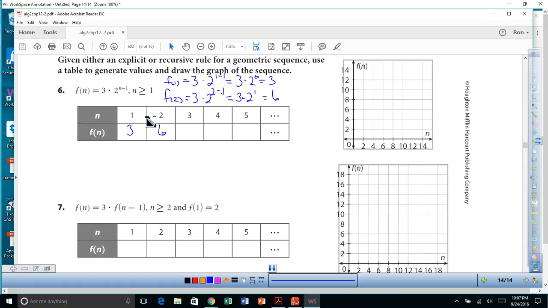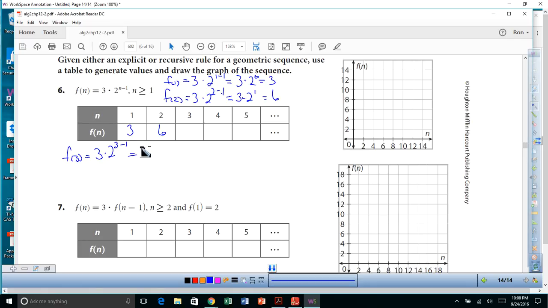f of 3 would be 3 times 2 to the 3 minus 1, or 3 times 2 squared. Let's do that. f of 3 equals 3 times 2 to the 3 minus 1.